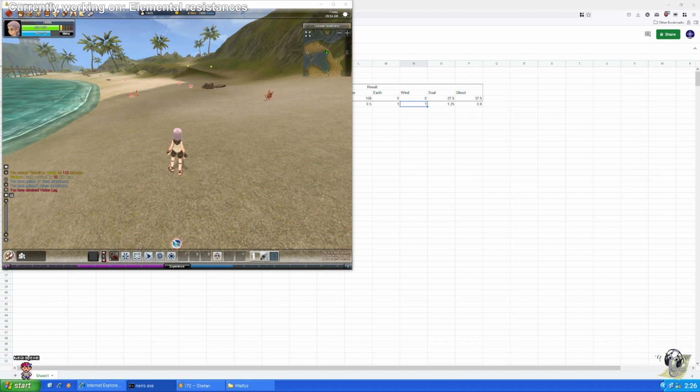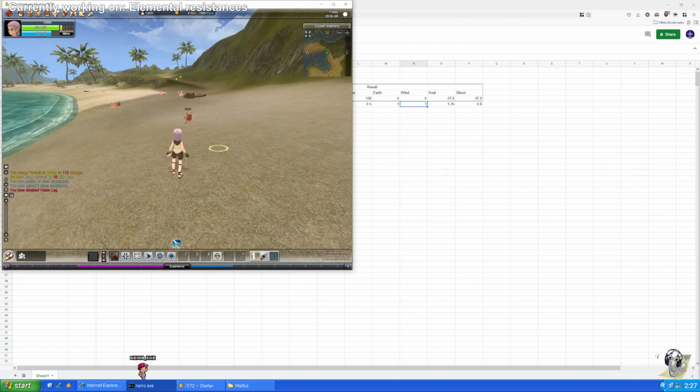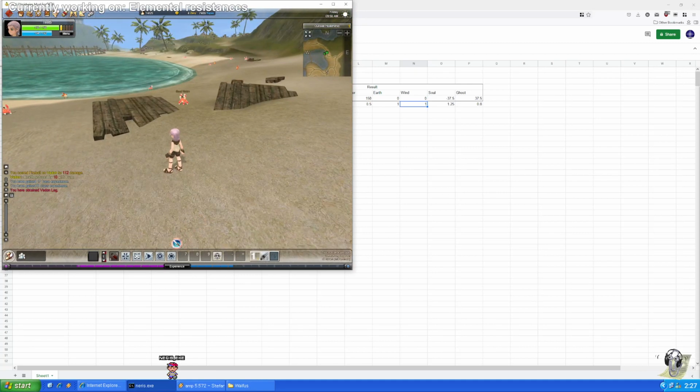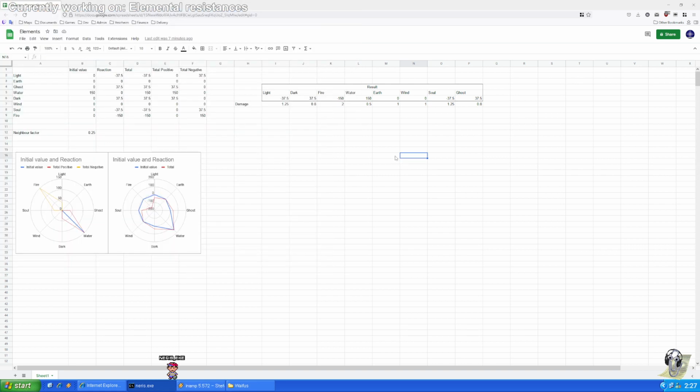Alright. So if we, for example, add earth attributes for them, let's try 150. What's it going to do?